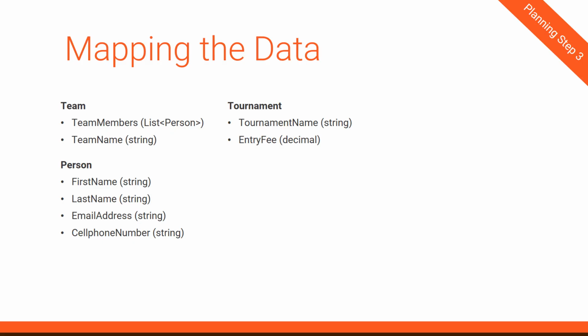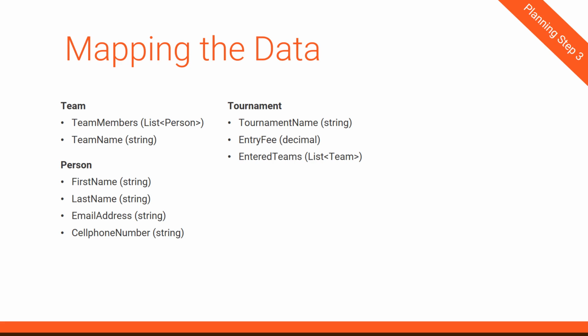Okay, I mentioned that the entry fee is going to be charged, if there is one, to every team that enters the tournament, which means we have to have a list of teams in the tournament, or I called it entered teams, teams that have entered the tournament. And that would be a list of type team.